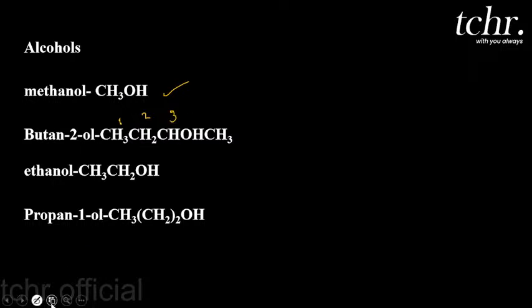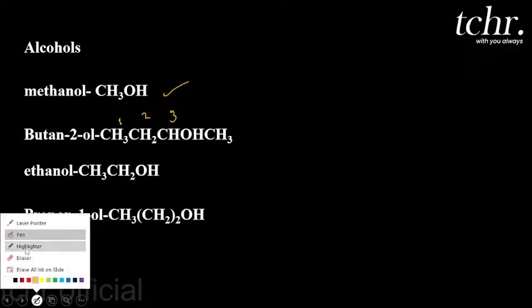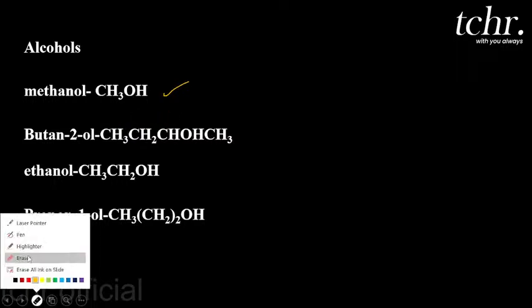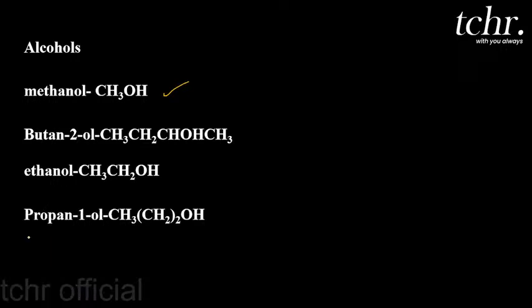Here you have to count the carbon atoms from right to left because the OH functional group should get the first priority, correct? So that means I have to number from right to left. So it will be 1, 2, 3, 4. Now, 4 carbon atoms means butane. And the OH functional group is attached to the second carbon atom. So it will be butan-2-ol.